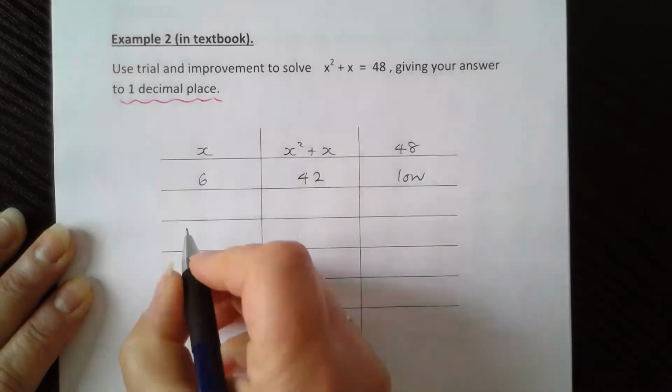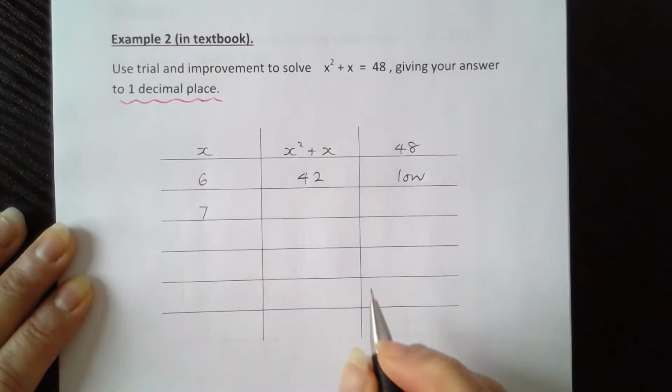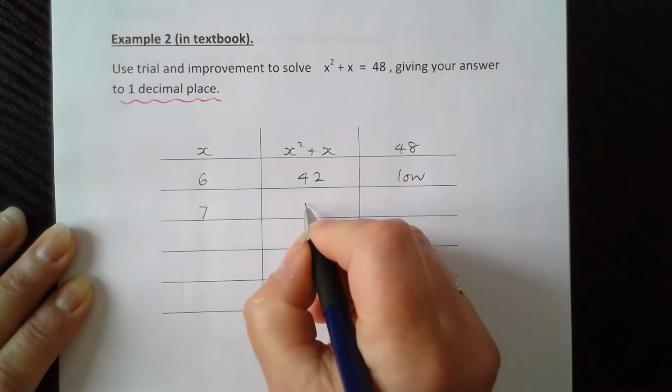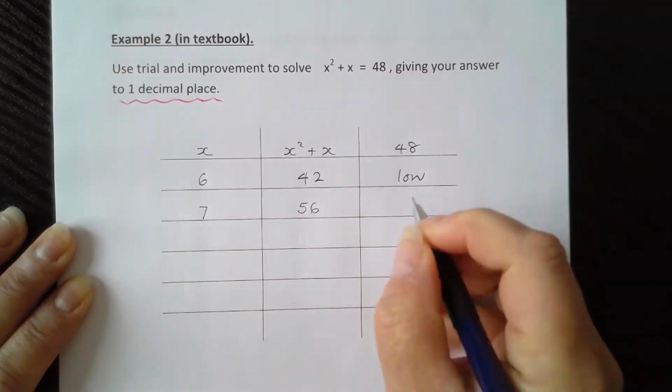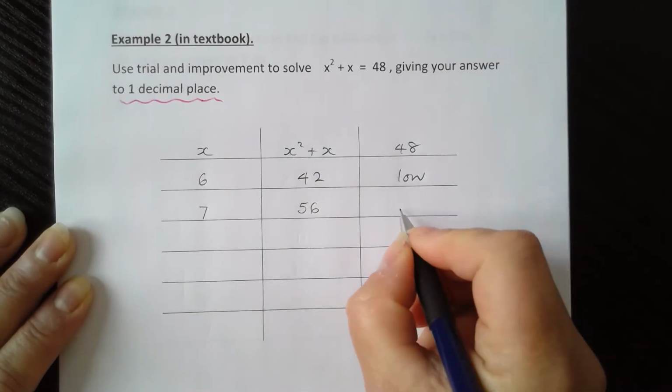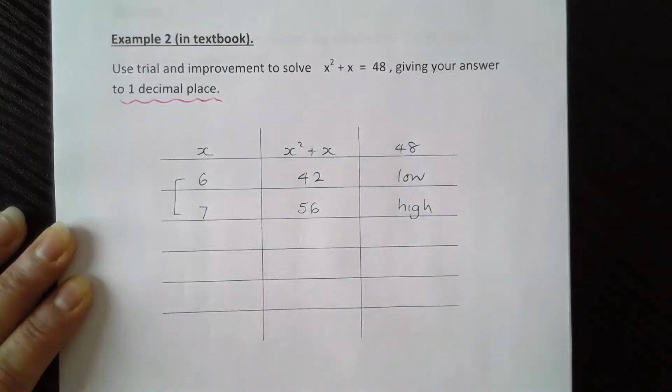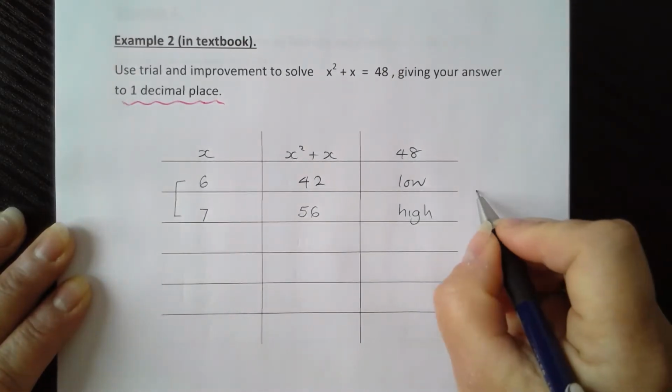It's not that far off though, so I'm going to choose 7. 7 squared plus 7 is 56, which is too high. So I know my value for x is between 6 and 7. So think of a number line.